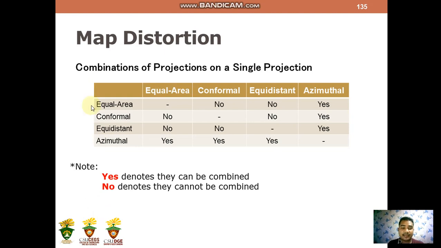So here's the matrix showing which combinations can be preserved together.